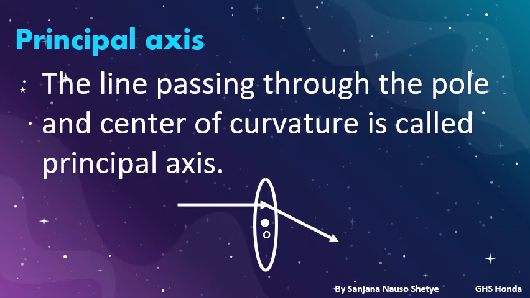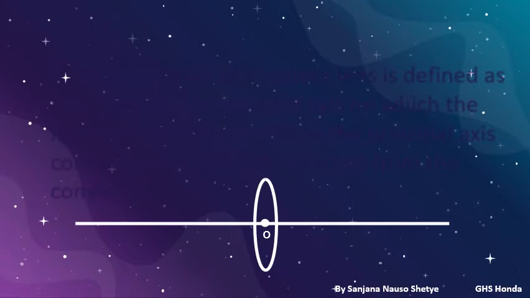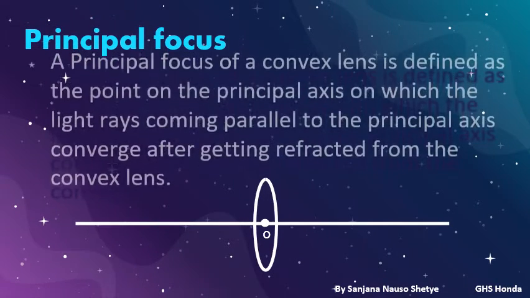Principal axis. The line passing through the pole and center of curvature is called principal axis. Principal focus.